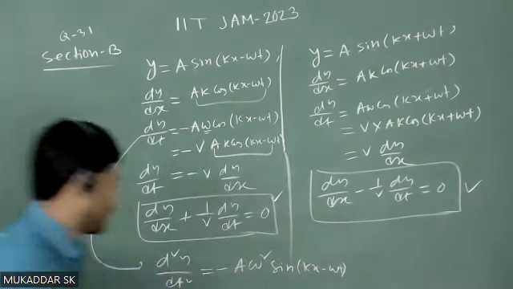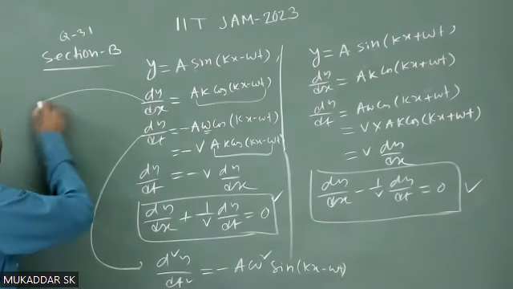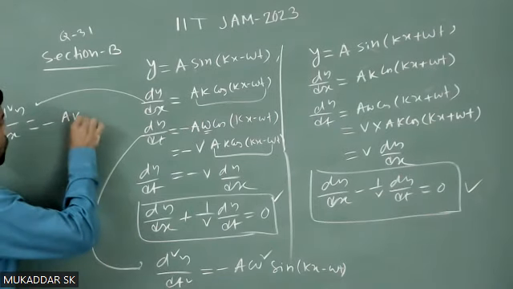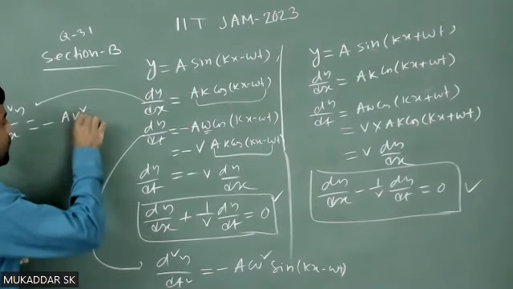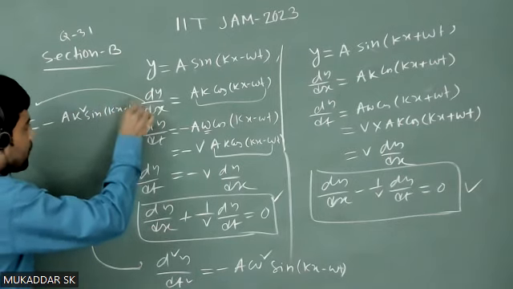And if you differentiate with respect to x, you get del square y by del x square, which will be minus a k square into sine of kx minus omega t.